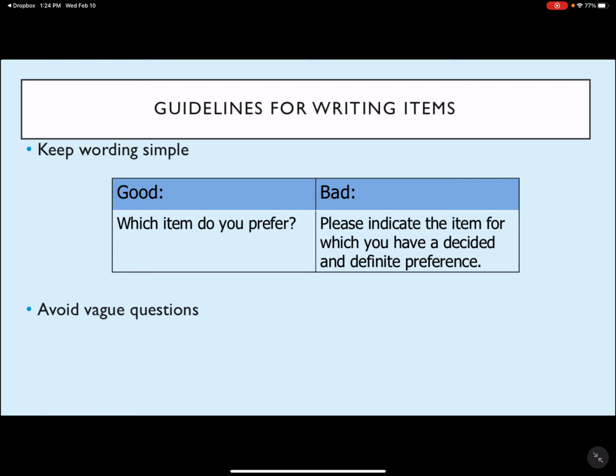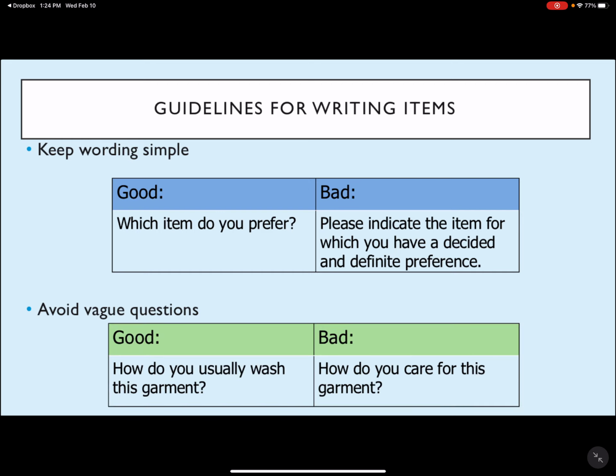You also want to avoid vague questions. For example, if somebody asks me, how do I care for this garment? I might say, well, if it's a sweater, I don't hang it up, I keep it in a drawer. If it needs to be hung up, I always hang it up. If it's suede, I don't wear it in the rain unless it's waterproofed, etc. They asked me how I cared for the garment.